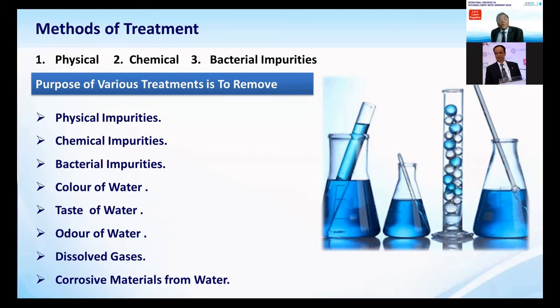If you have process water for high pressure boilers, we require ultra pure water. If you require it for medical or pharmaceutical purposes, every process requires a different type of water, and your designer, consultant, or contractor has to supply the equipment as per your two requirements: one, what type of water you are having, and the second, what is your required quality for the process.